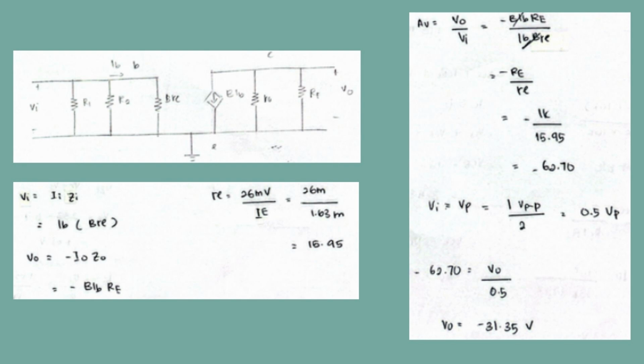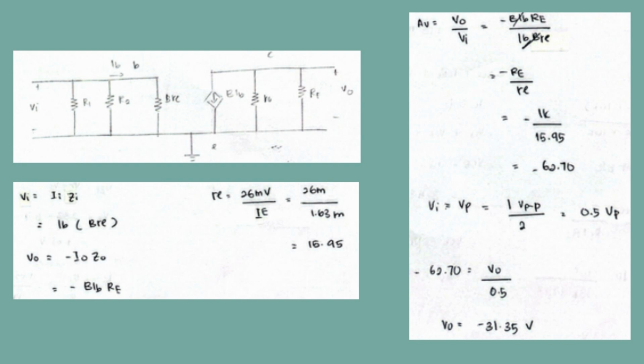Negative IO is equivalent to beta IB. For voltage gain, the formula is V out over V in. Here we put in all the values: negative 1 kilo divided by 15.95. Then we get the voltage gain equals negative 62.70.